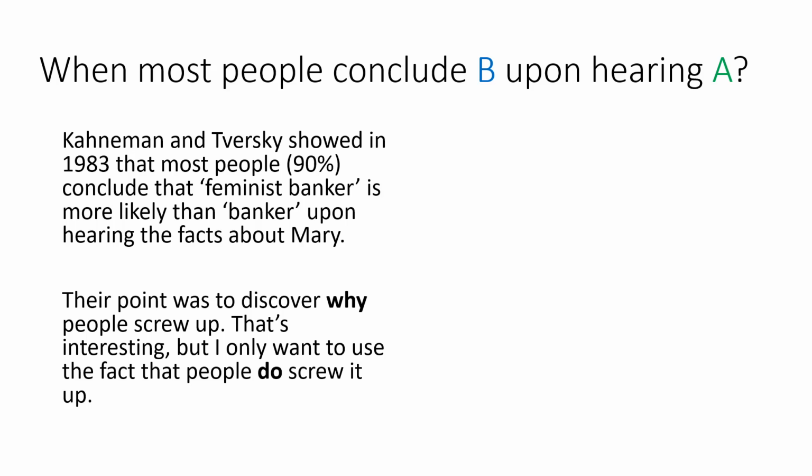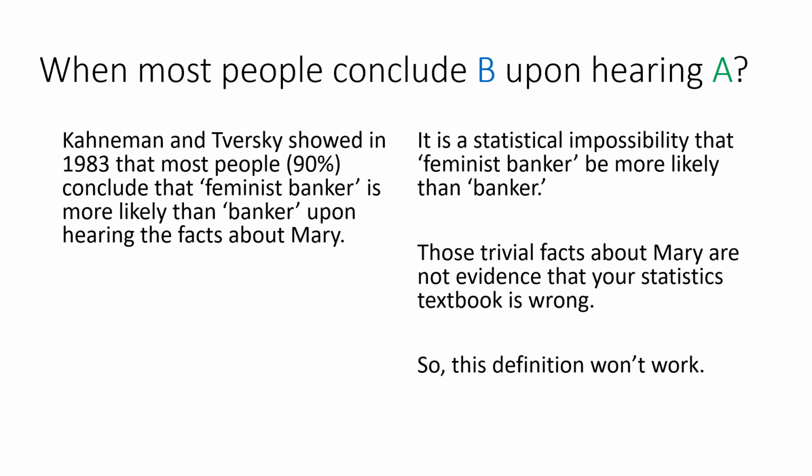Their point was to discover why people screw up. That's interesting, but I only want to use this example to show that people do in fact screw up. It's a statistical impossibility that feminist banker be more likely for Mary than just banker.